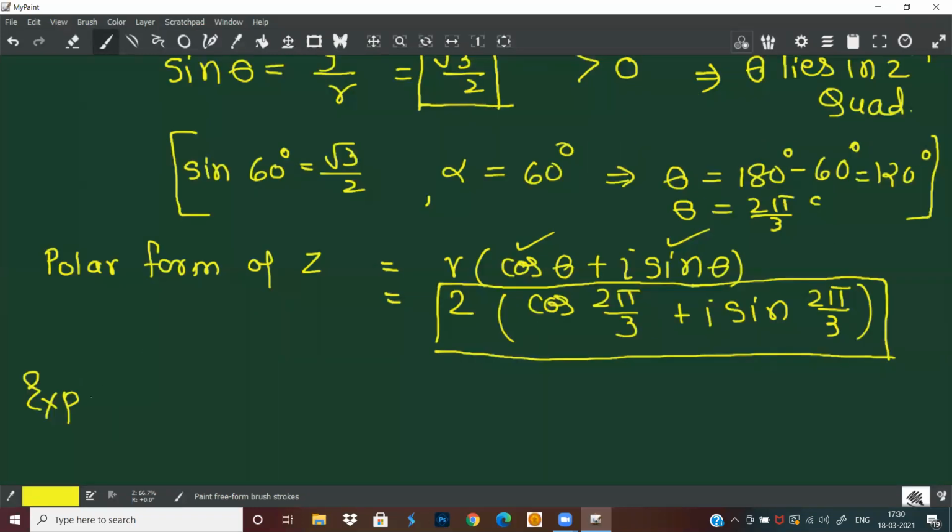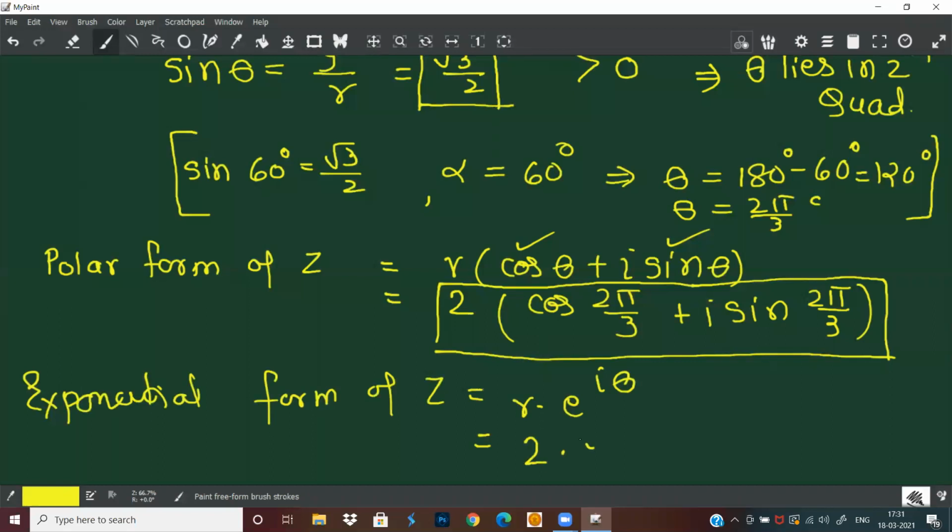Now this last part, the exponential form of z, is r into e raised to i theta. This is the exponential form. Understood? So in place of r, I put its value 2, and e raised to the value of theta, 2π/3 i. Done, that is my exponential form. This is my answer.